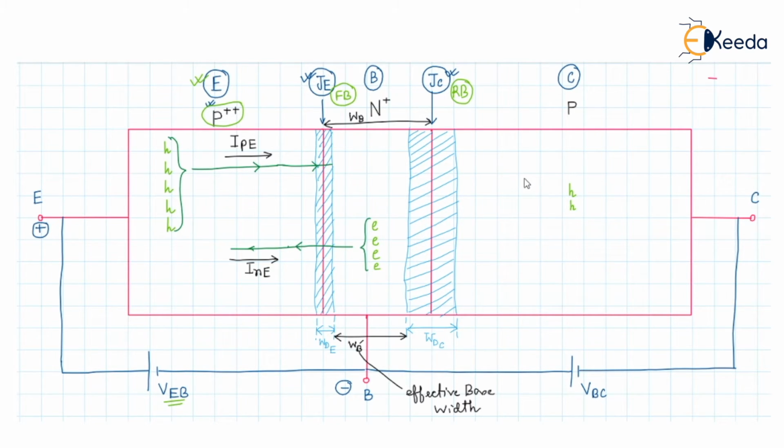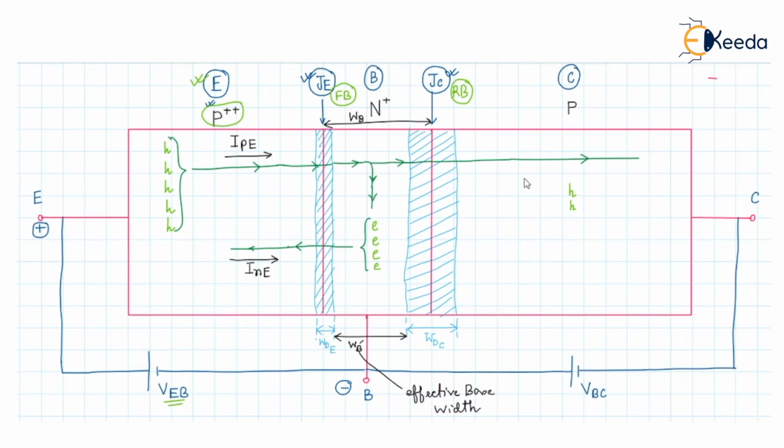When the holes which are injected from the emitter region into the base region arrive, some amount of holes will get recombined with the electrons present inside the base, and the rest of the holes will flow through the JC junction and come into the collector region. And these electrons that have recombined with the holes that came from the emitter will constitute a recombination current.